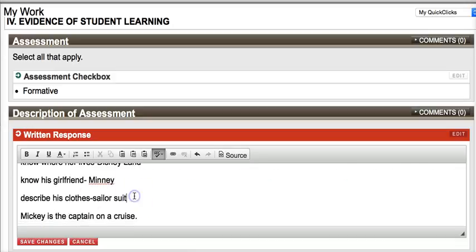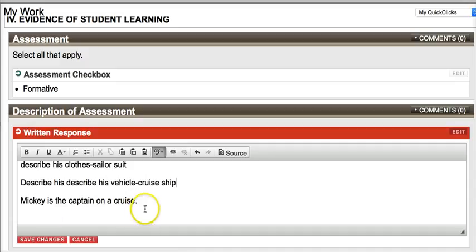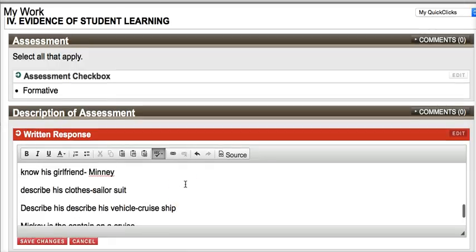Oh, and they should also be able to describe his vehicle. Okay, and it is a cruise ship. So they should be able to know that Mickey is the captain of a cruise ship by identifying the ship and his clothes.